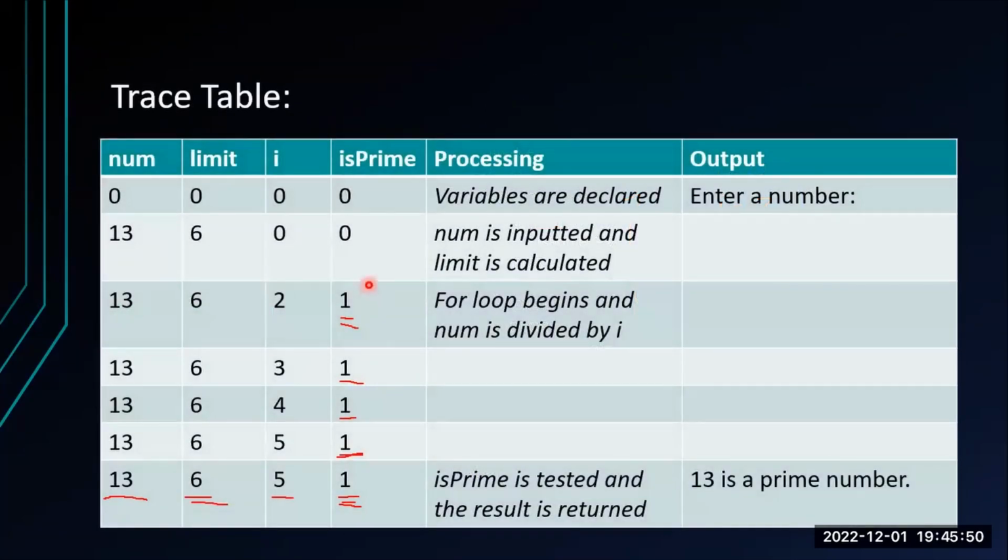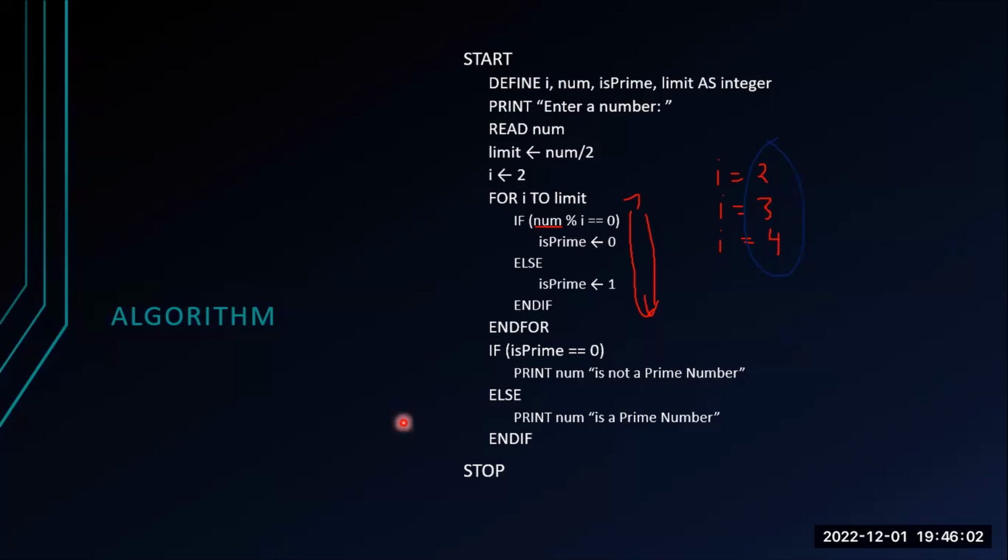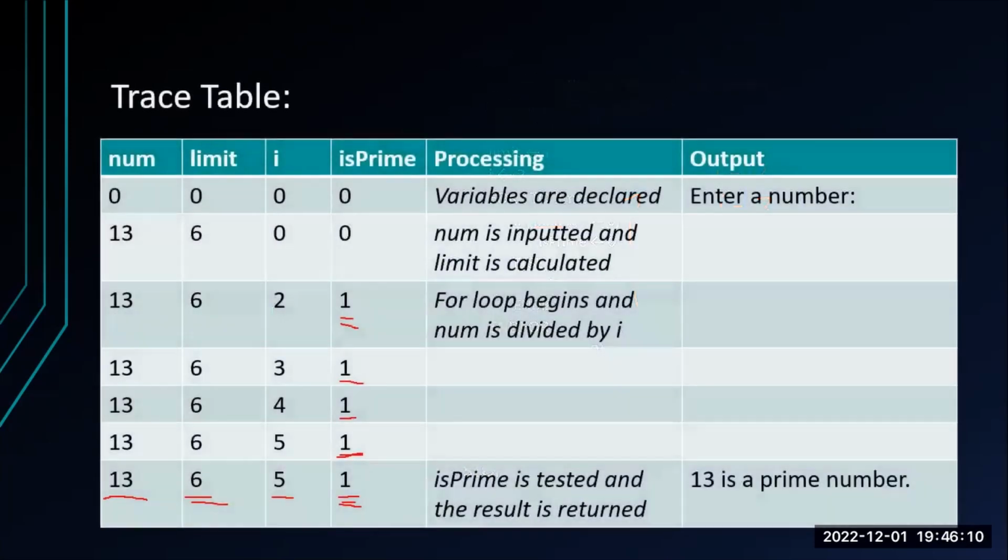So after being all set to 1, its prime would be tested at this point, and then if it is 0, it would print num is not a prime number, and otherwise would print num is a prime number. So then we predict that it would print out that 13 is a prime number.